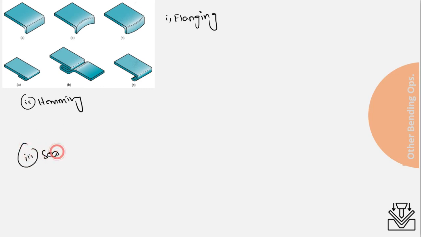The first one is known as flanging, then we have hemming and seaming. And we have discussed what the seam is in the lectures on bulk deformation and curling. So these are some specialized types of bending operation.